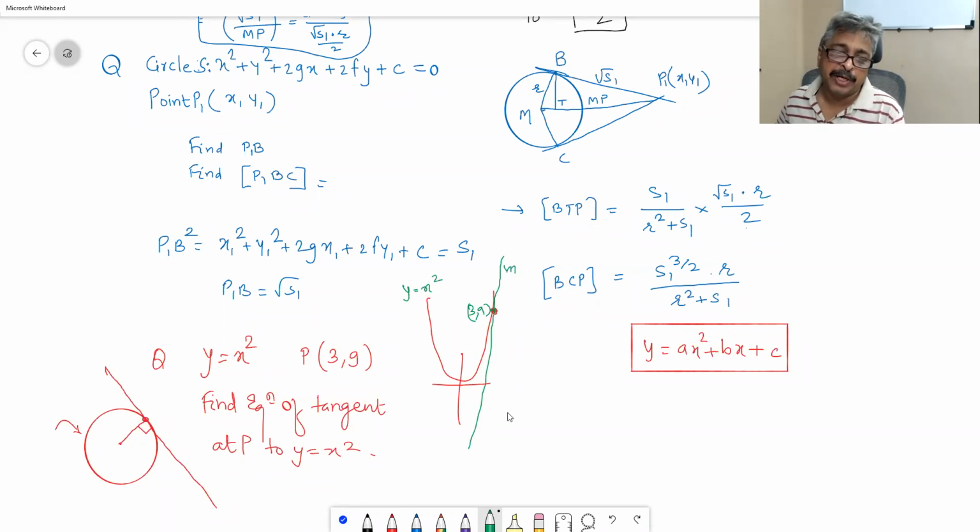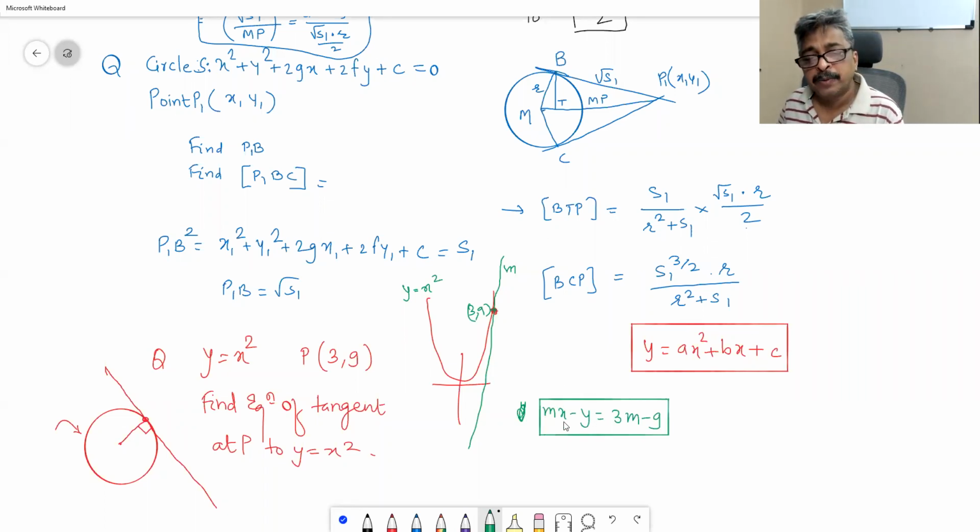Then the equation of the tangent will become, if the slope is m, mx minus y is equal to 3m minus 9. That is the equation of the tangent. Yes or no? Mx minus y means the slope is m. Putting this point in LHS, I get RHS. That is the equation of the tangent, which I can write as y is equal to mx minus 3m plus 9.